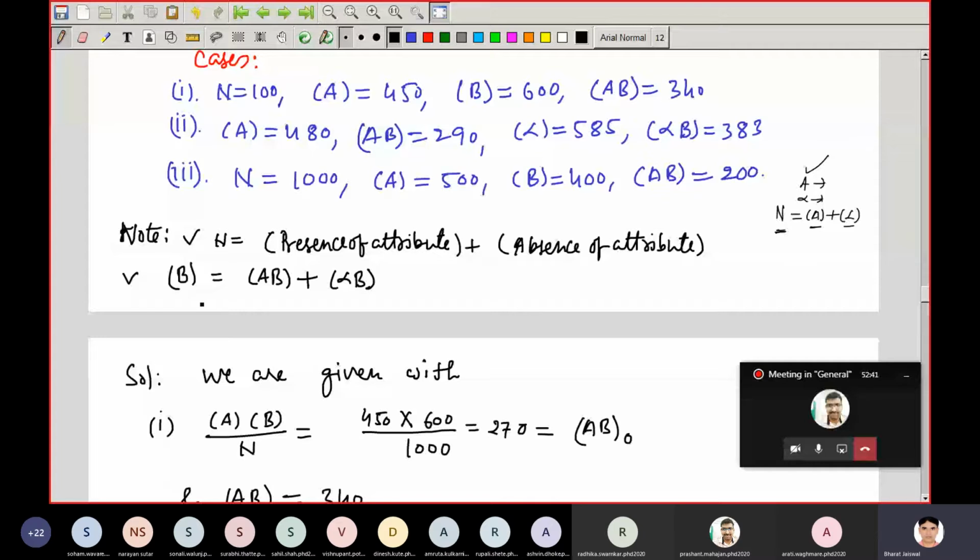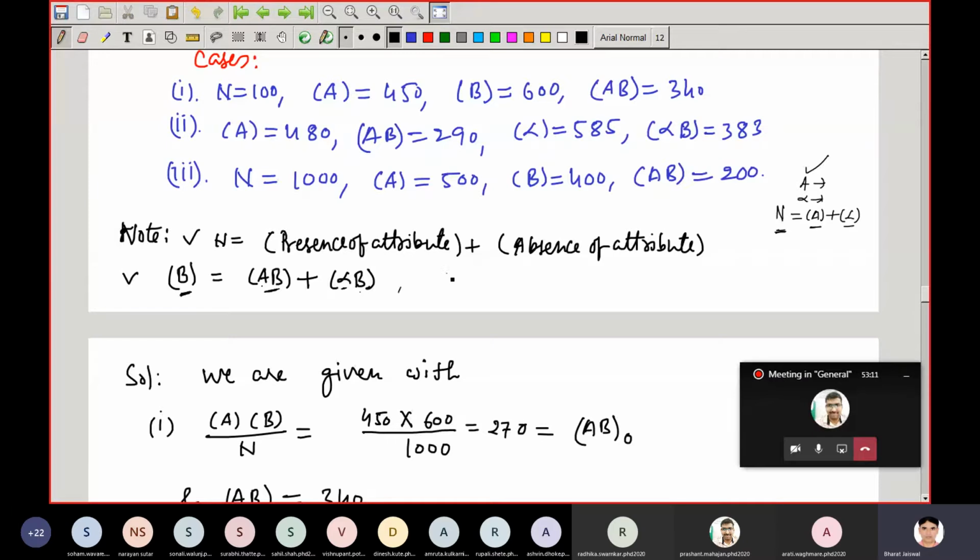Similarly, the frequency of any attribute, suppose the attribute is B, is given like this. Suppose we have two attributes A and B, then the frequency of an attribute is given by the presence of the attribute with the other attribute plus the presence of the second attribute with the absence of the first one.